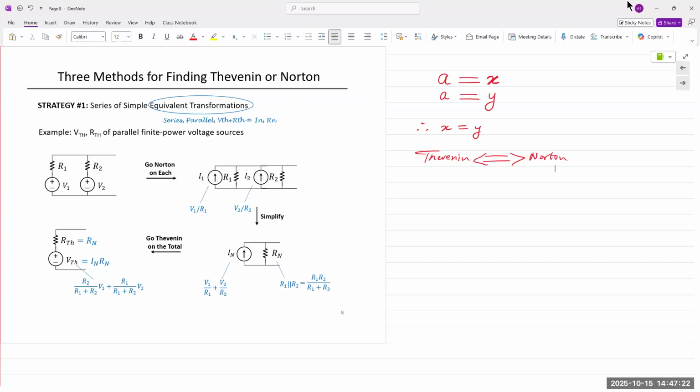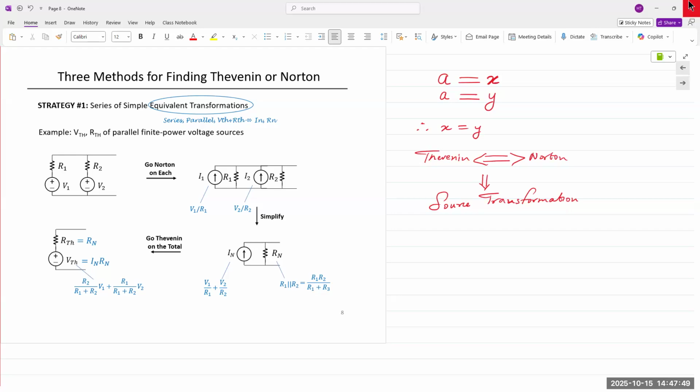And so from this, we can introduce a topic known as source transformation. It simply states if you have a voltage source in a circuit, you can transform it into a current source and vice versa.